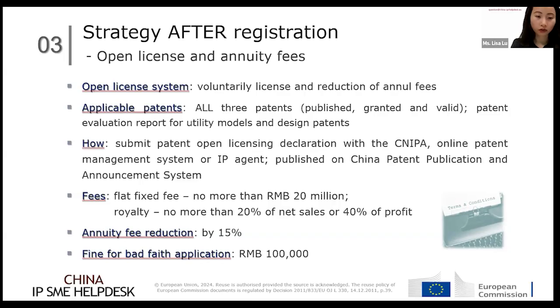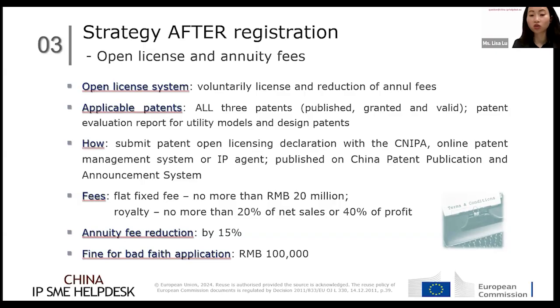And in terms of the fees, you can choose either the flat fee or the royalty. If you choose the flat fee, it should be no more than RMB 20 million. If you choose the royalty, it should be no more than 20% of the net sales or 40% of the profits. And it's actually quite interesting because from what we observe, a lot of open licenses choose to be licensed freely.